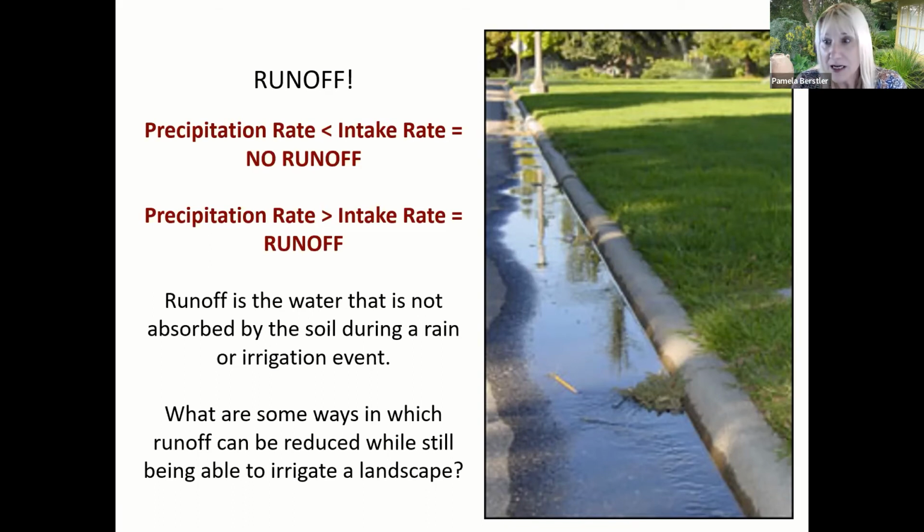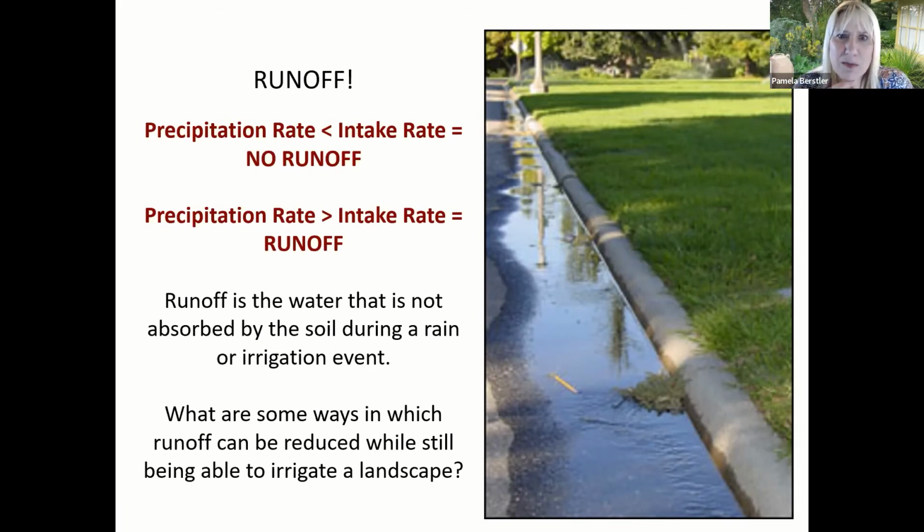So actually, this is really a key component of irrigation efficiency, adjusting to make sure that the irrigation is spraying the landscape and not somewhere else. But also, we can adjust the irrigation runtime in order to give the landscape a chance to absorb the water.